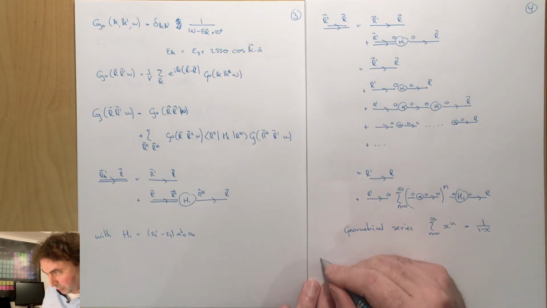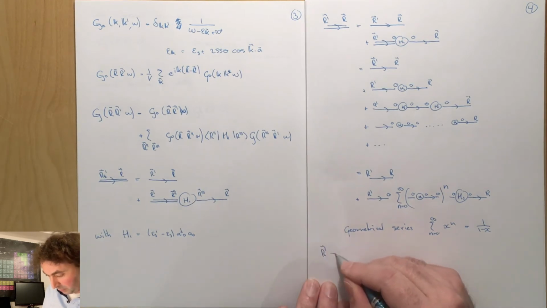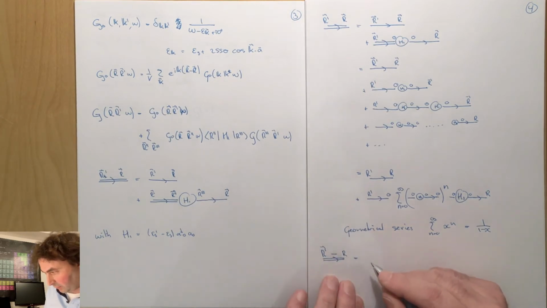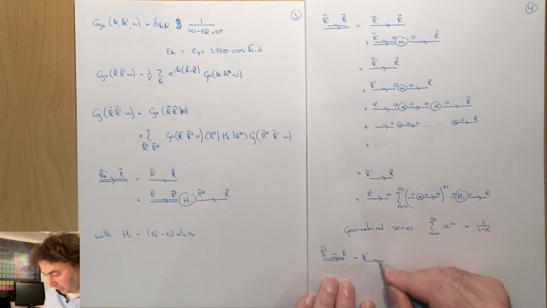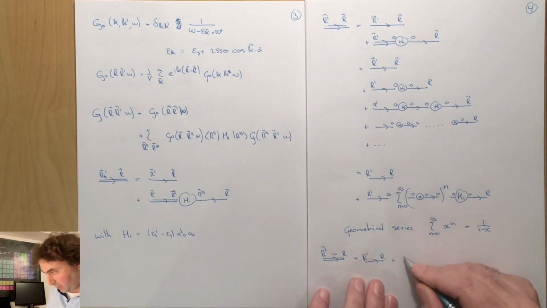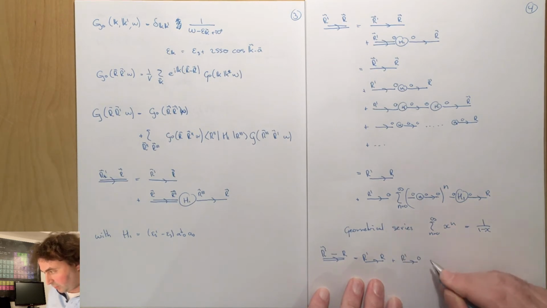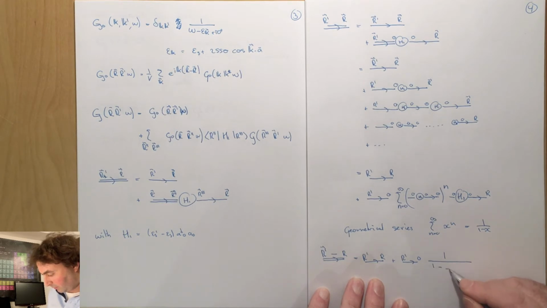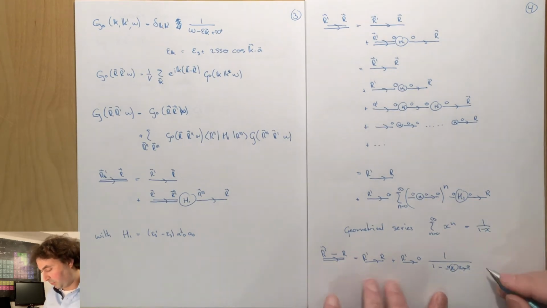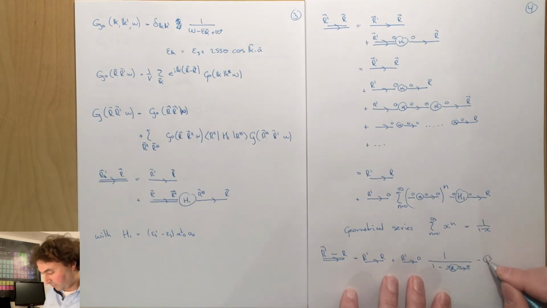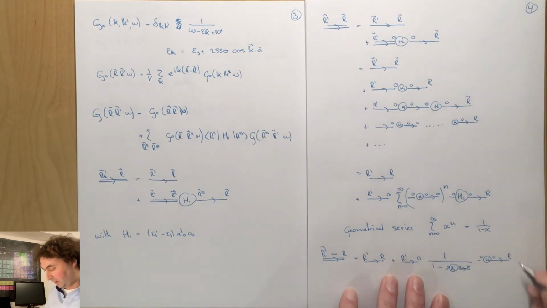So our full propagator going from r prime to r is given by going from r prime to r by the bare propagator plus r prime to 0, 1 over 1 minus, scattering from 0 to 0 and propagating back to 0 with the bare propagator times scattering from 0 to 0 and propagating from 0 to r.